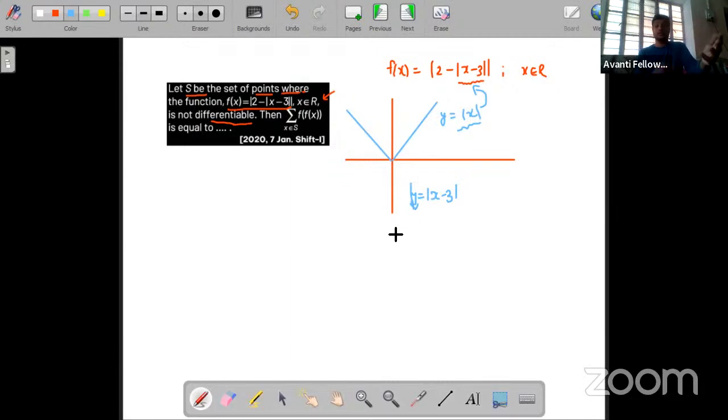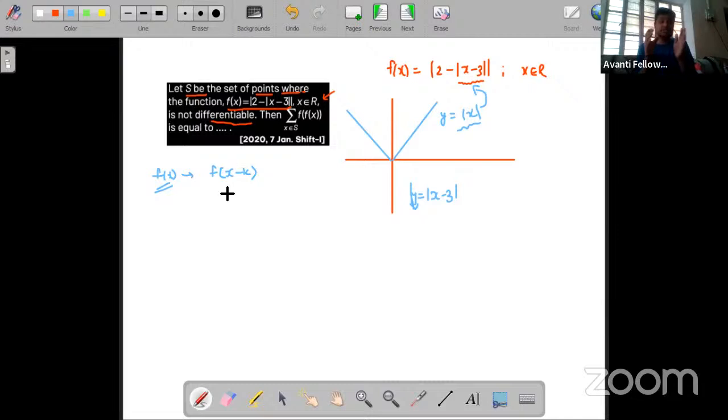So if you remember, from f(x) to f(x minus k), how will we draw the graph if we know the graph of f(x)? We will translate or shift horizontally by k units.